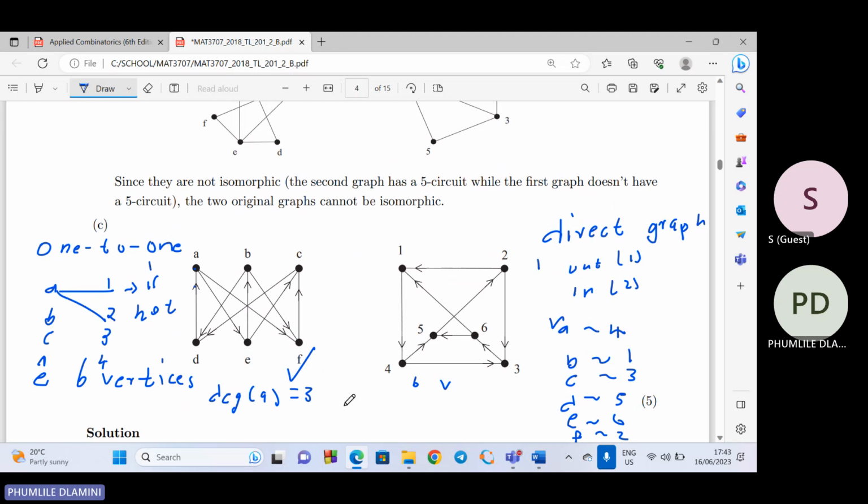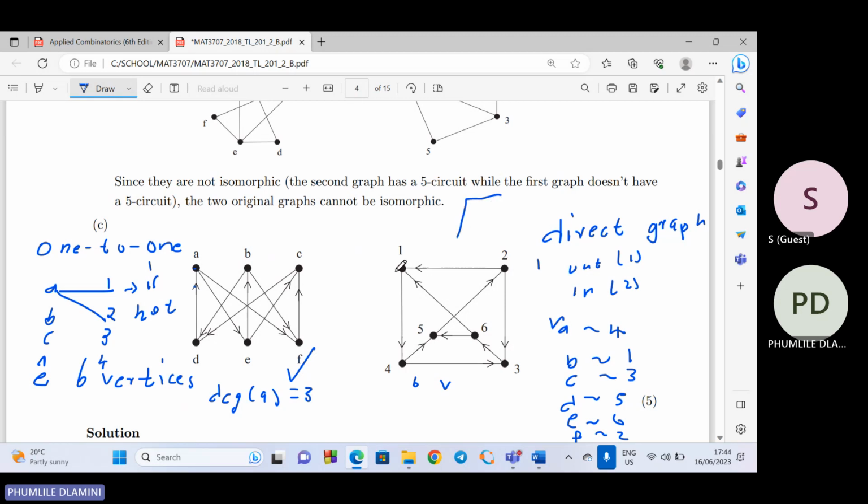But now let's go back. We check something. You will see that if I draw in this adjacent here, if I draw 1, 2, 4, let me draw it this way.